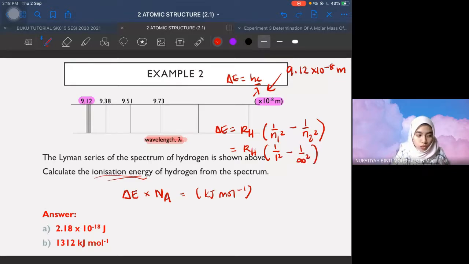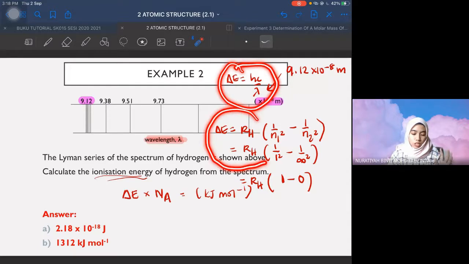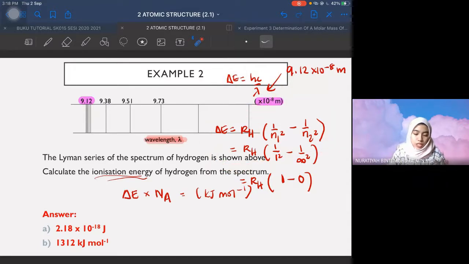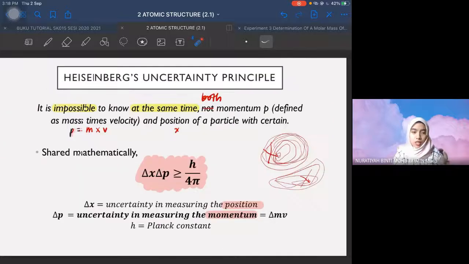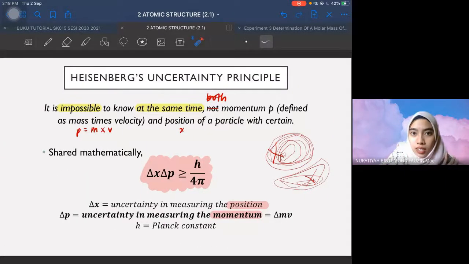Okay, so if you use this formula, okay, ni akan jadi 1 minus 0. Okay, so then you will get your delta E. So bolehlah guna yang ni atau yang ni, formula ni. Okay, make sure lepas dapat delta E, you times with Avogadro's constant because your ionization energy must be in kilojoule per mole. Right? Okay, dah. Habis dah. Betul? Habis dah? Betul.